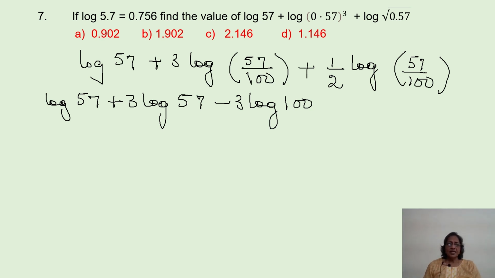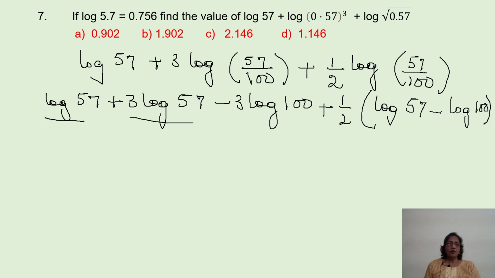Okay. Now in the next step, what we get is half into log 57 minus log 100. Okay. So log 57, now you look here. We have got a log 57 here. We have got 3 log 57 here. And we have another log 57. So I will open out the last bracket first.